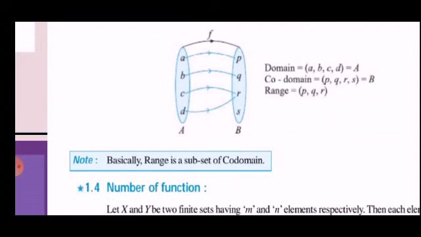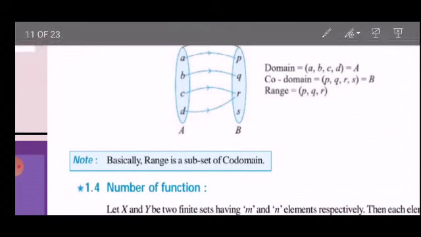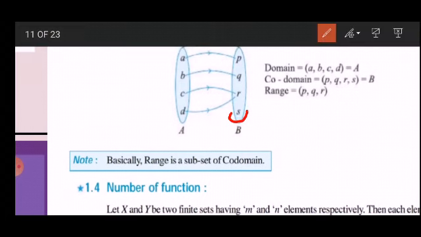So f maps A to P, B to Q, C to R, as well as D to S. So A is the domain set and B is the codomain set, including the elements P, Q, R, S. But if you consider only the elements P, Q, R, and ignore S, then this is called the range of the function. So basically, range is a subset of the codomain, you can say.